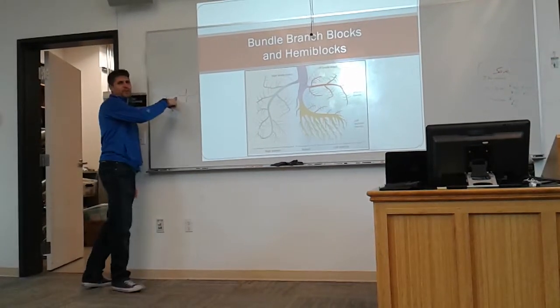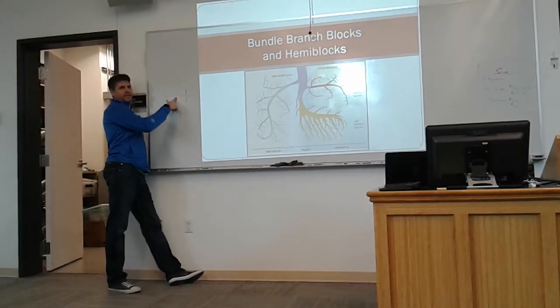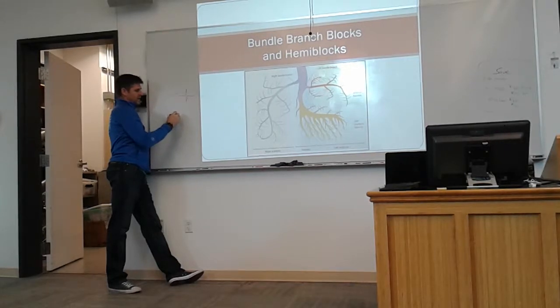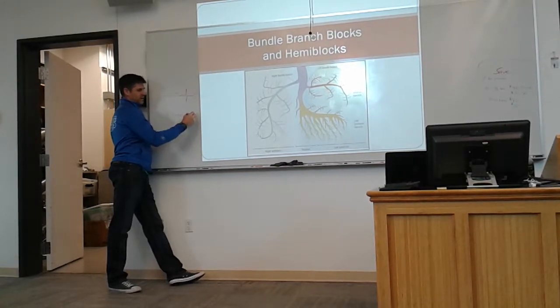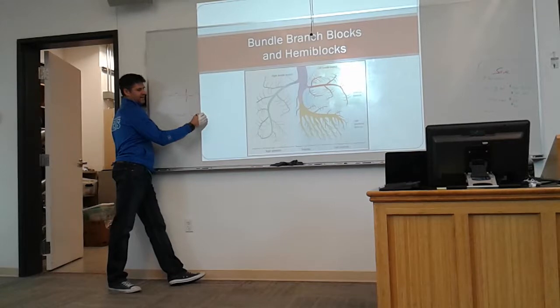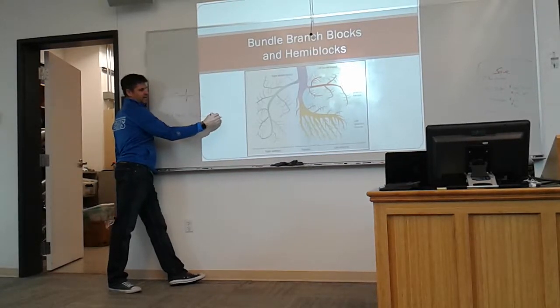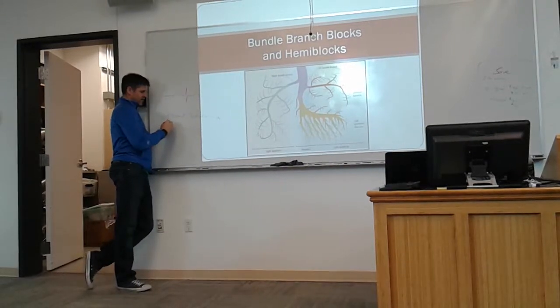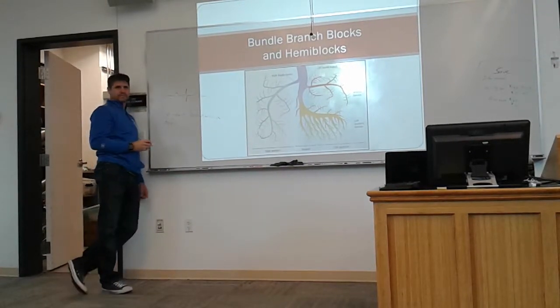What does the P wave represent? The atrial depolarization. Be more specific. And atrial contraction. Thank you. So the P wave equals atrial contractile cell depolarization. Yes? What does the QRS represent?